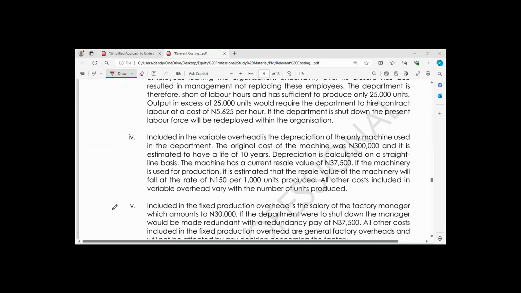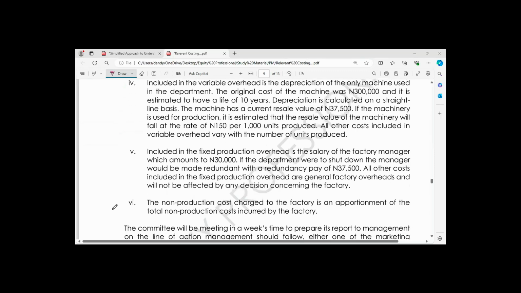4. Included in the variable overhead is the depreciation of the only machine used in the department. The original cost of the machine was 300,000 naira, and it is estimated to have a life of 10 years. Depreciation is calculated on a straight line basis. The machine has a current residual value of 37,500 naira.